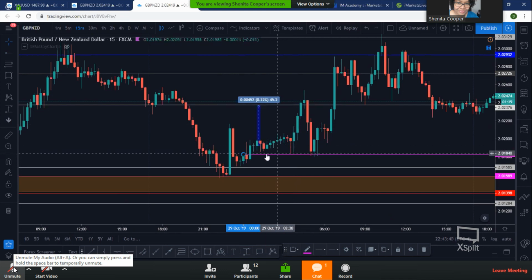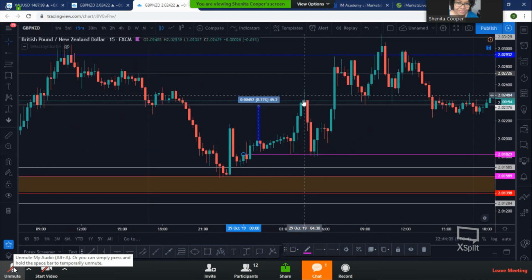So when I see it come down here and push back, this right here is a hammer. All of these long wicks, the wicks are longer than the body, or at least half of the body. That's telling you that price is pushing up. Then you get these larger candles.